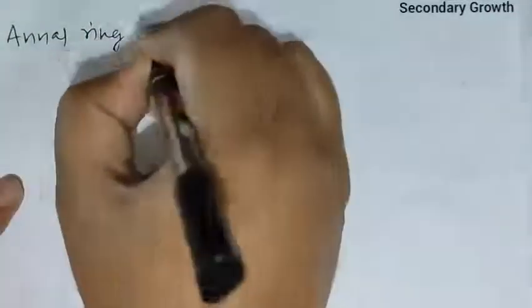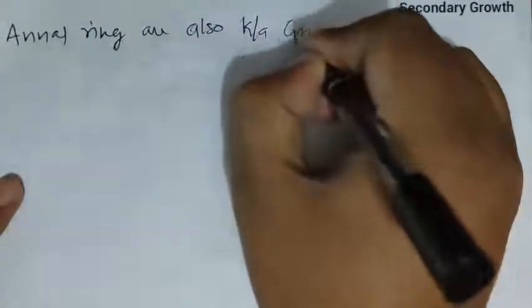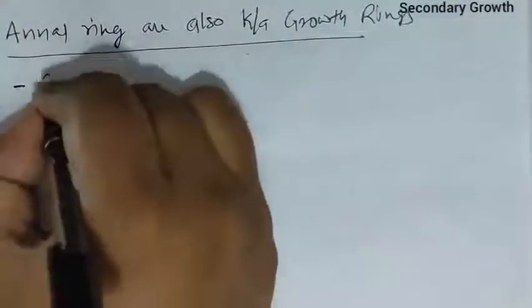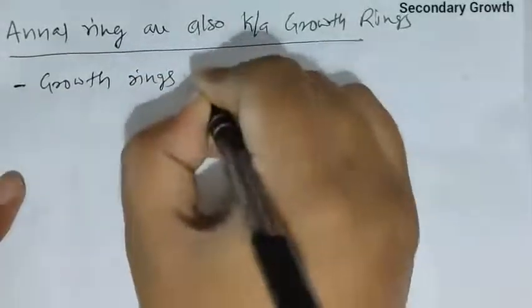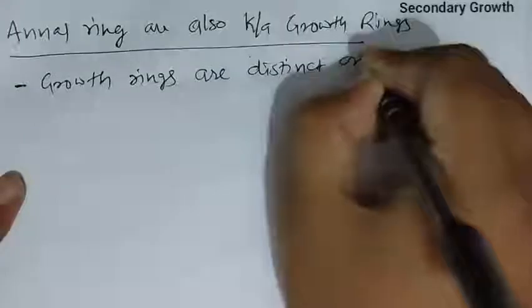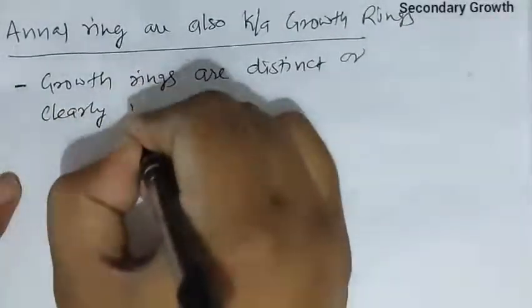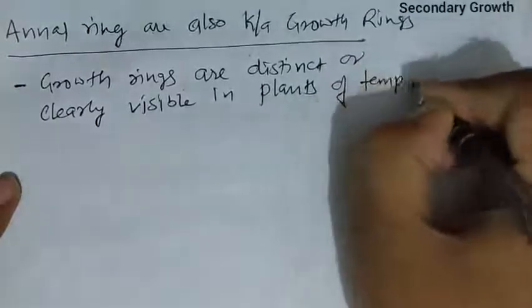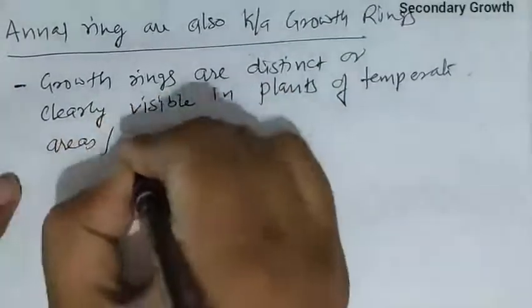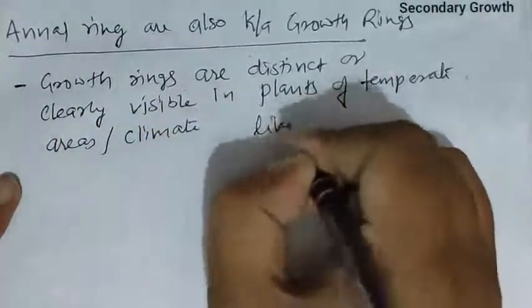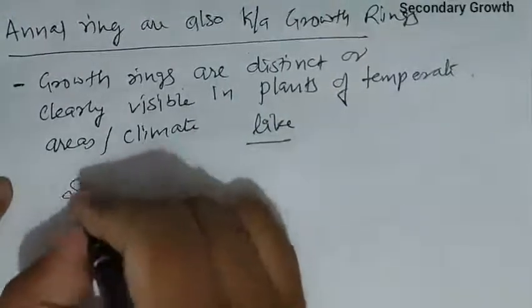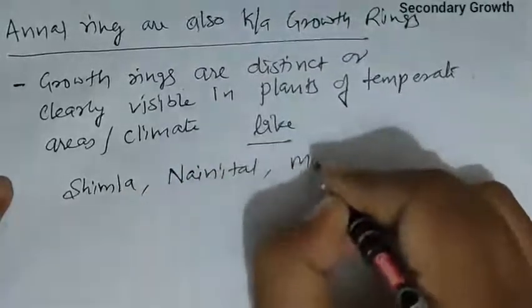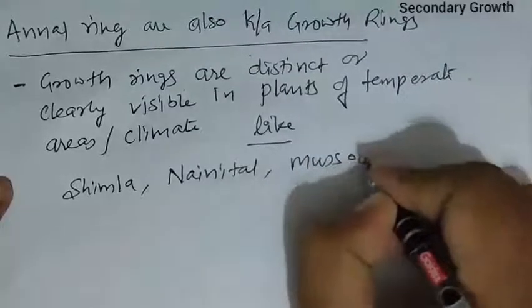These annual rings are also known as growth rings, and these growth rings are distinct or clearly visible in plants of temperate areas or temperate climate, like Shimla, Nainital, Mussoorie.